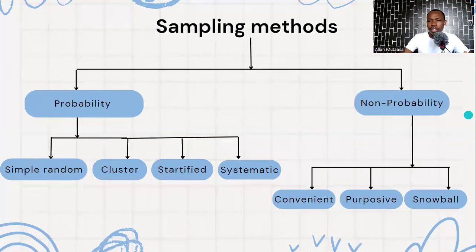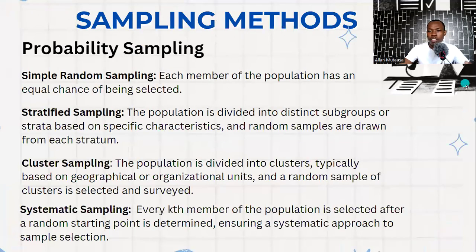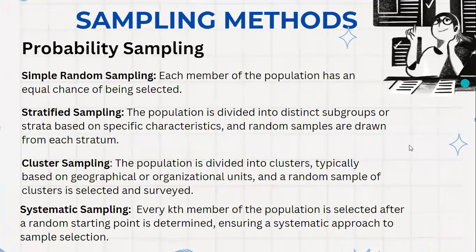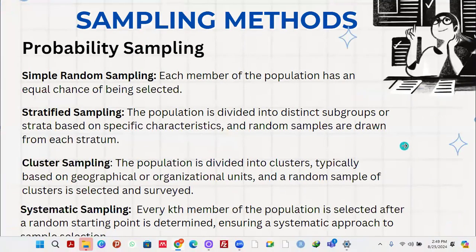Let's take a look at some of these methodologies that we use to do sampling. First of all, let's look at probability sampling. So in probability sampling, we have so many ways of doing probability sampling. And I'm going to take a look at them here.